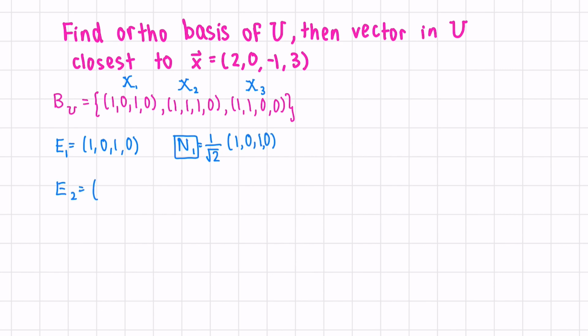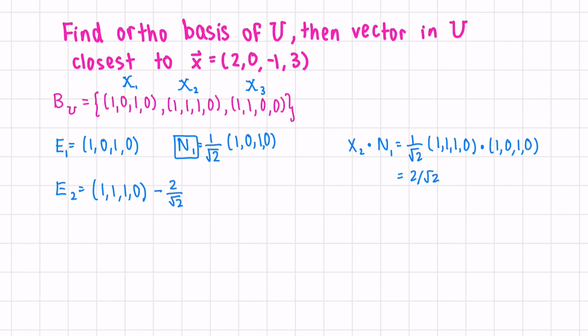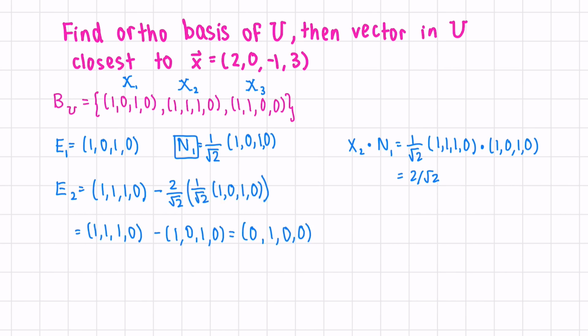E2 is x2 minus the portion already covered by n1. To find this, let's do x2 dot n1, which is 2 over root 2, minus 2 over root 2 times n1. This vector already has a norm of 1, so the norm is itself. It's already a unit vector.